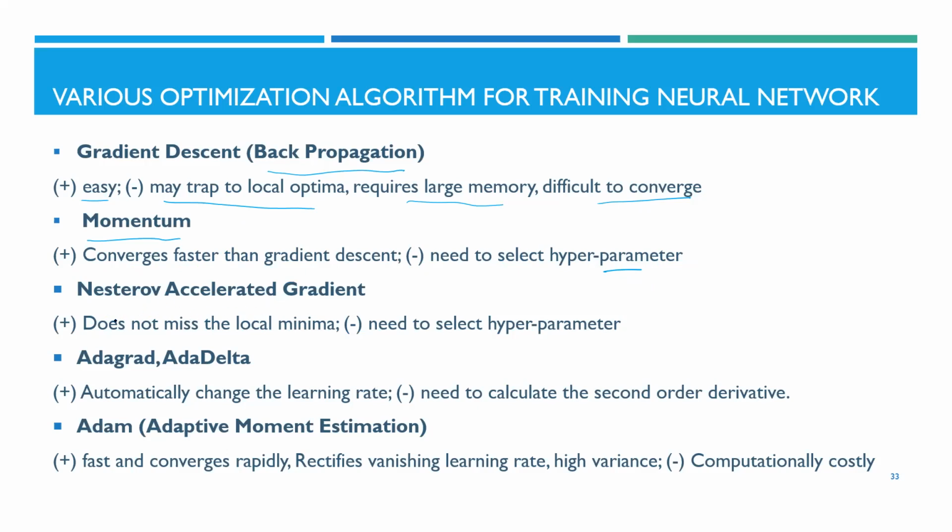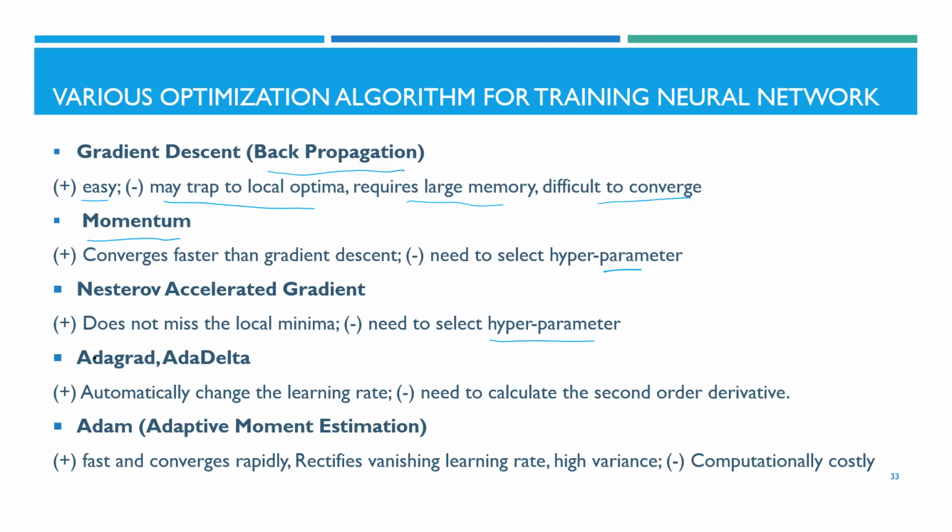For this algorithm, they claim the advantage is that it does not miss the local optimum. But again, they have many parameters, so we have to set up more parameters. We have this one, AdaGrad and AdaDelta.